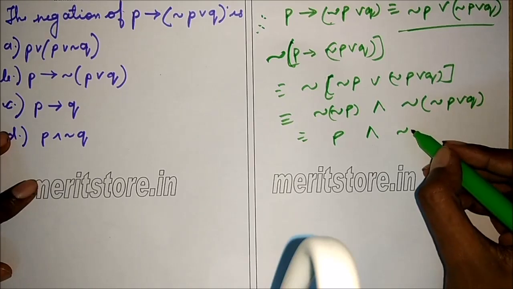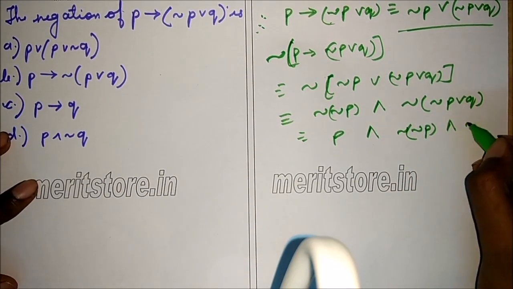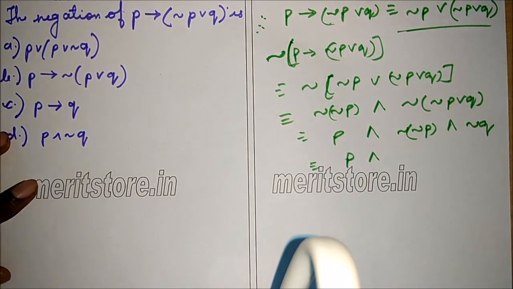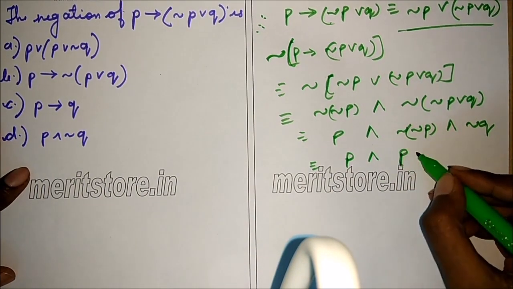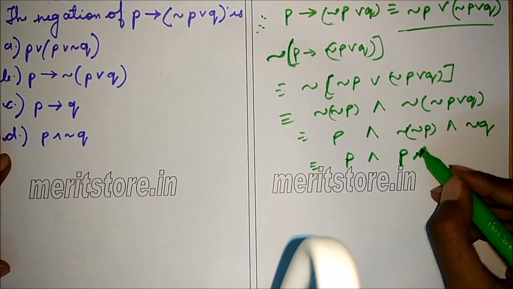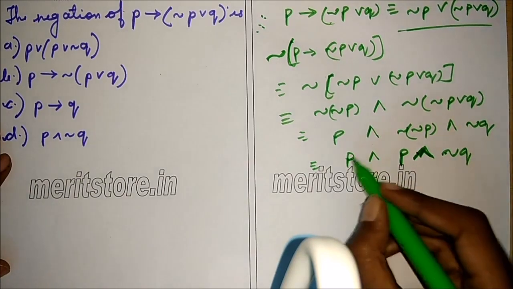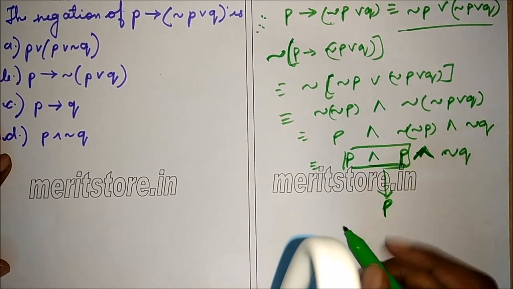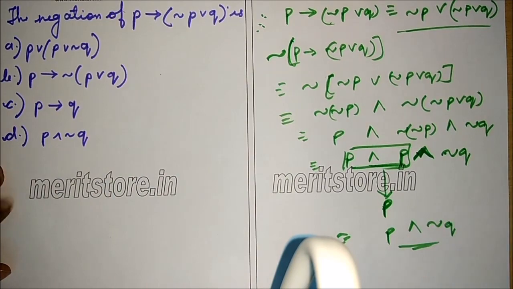So negation of negation P, negation of or is and negation Q. This will be P and P and negation Q. Now P and P is P, since they are identical. So this will be P and negation Q, which is option D.